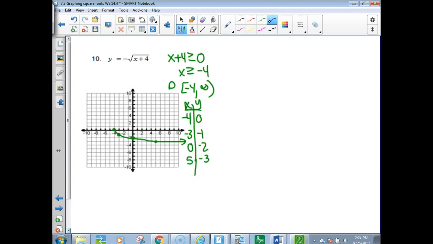Okay, this should be the answer to what you got for number 10. And the range is from negative infinity up to 0.